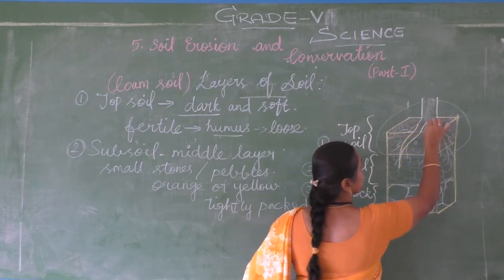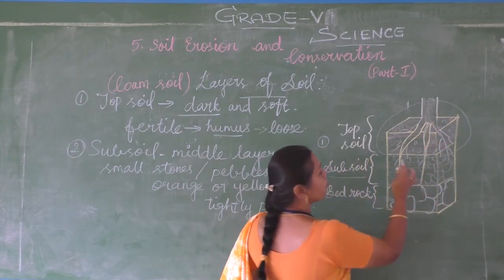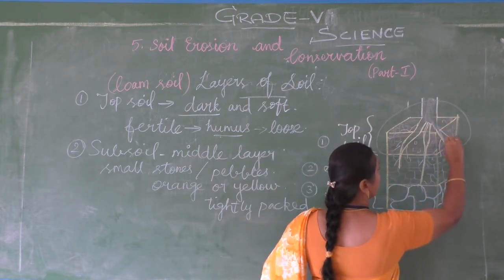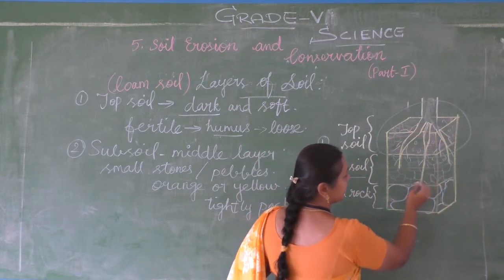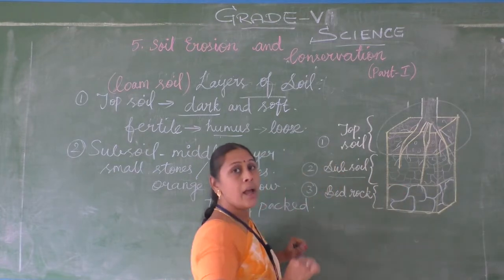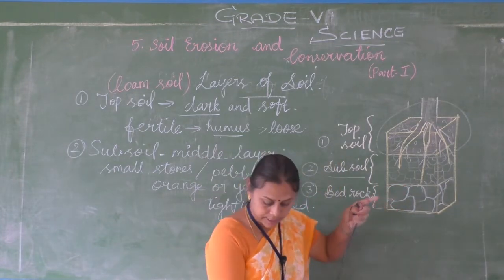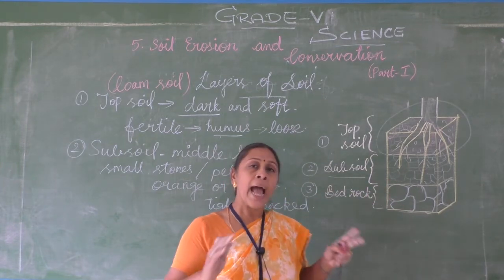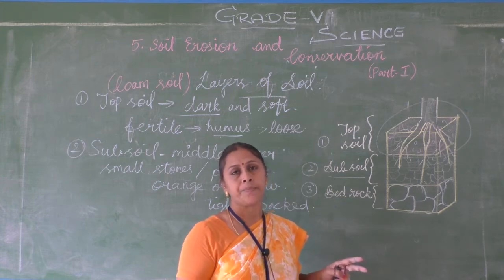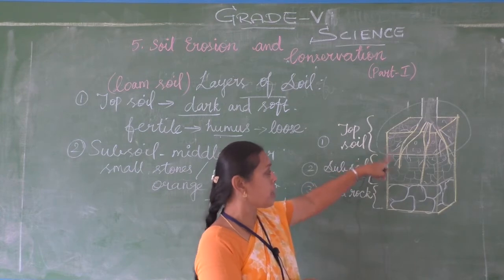These are the roots, and you can see more roots in the topsoil, and only the lowest part of the root enters the middle layer, because less gap is present in the subsoil, and more air is not present. The air and water are less when compared to the topsoil.